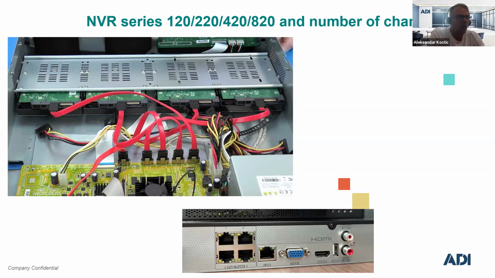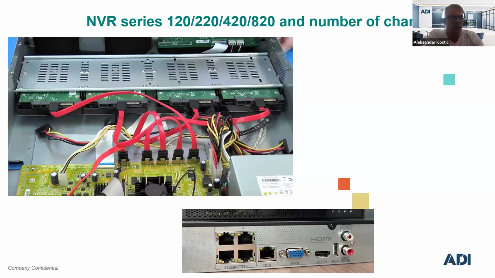In this example, we have a 4-channel NVR. That means we can connect up to 4 PoE cameras to a single NVR. This is the simplest setup because we do not need to think about any network isolation configured on the switch level, as cameras connected to the NVR are isolated by the NVR itself from the rest of the network, as the NVR is acting like a firewall for those cameras.